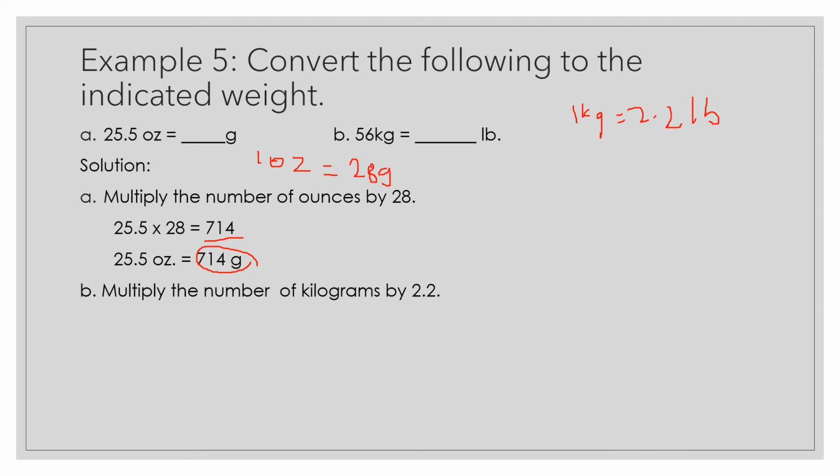Baka magtanong kayo kung saan nakuha yan, no? So, 56 times 2.2 is about 123.2. Therefore, 56 kilograms is about 123.2 pounds. Alright?